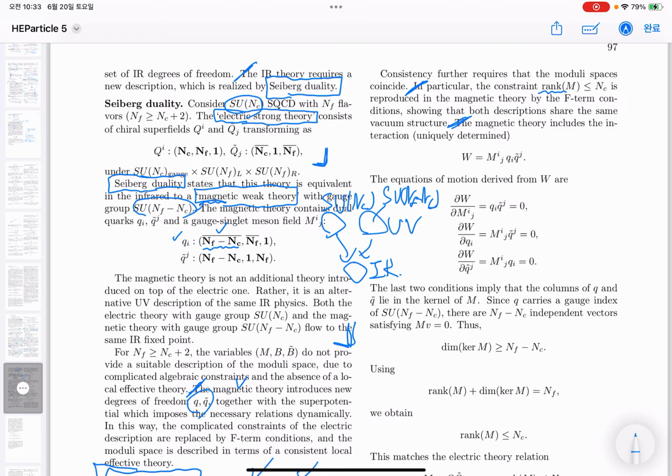So if you consider the following superpotential in the magnetic theory, the meson singlet and the quark, dual quark in the magnetic theory, then the equations of motion can be derived for each field: meson singlet, dual quark.